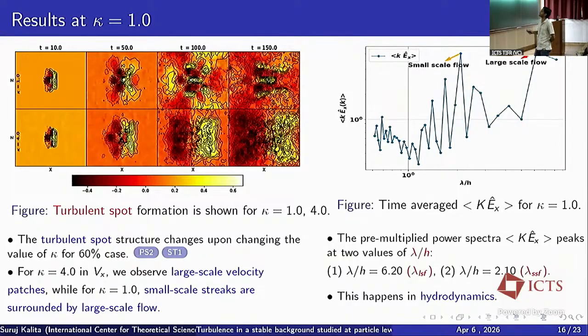You can see this small-scale structure corresponds to this peak, and this surrounding large-scale flow corresponds to this peak. And you can see that the oscillations between these two dominant modes also reduce as I increase the resolution of the system.